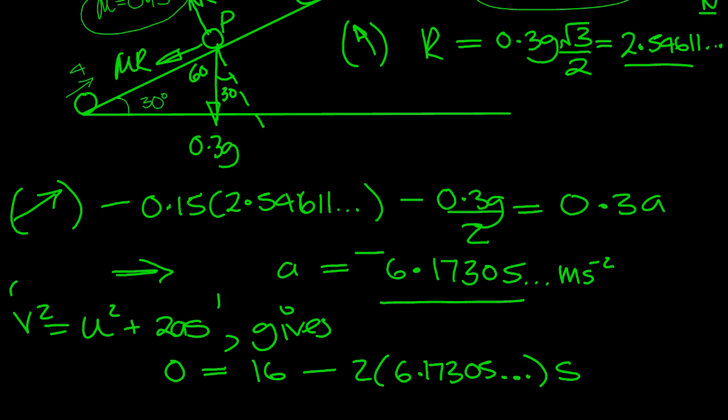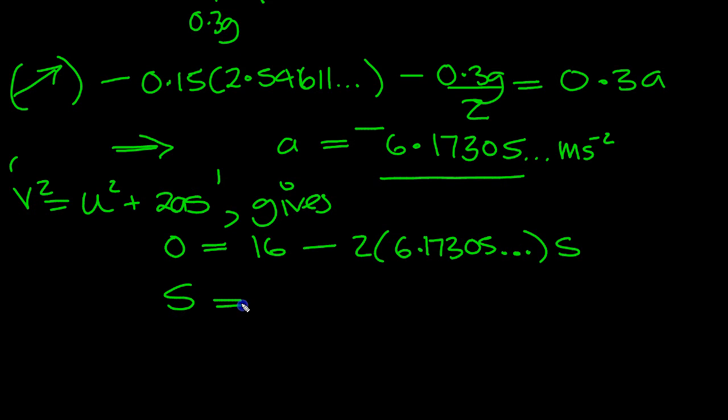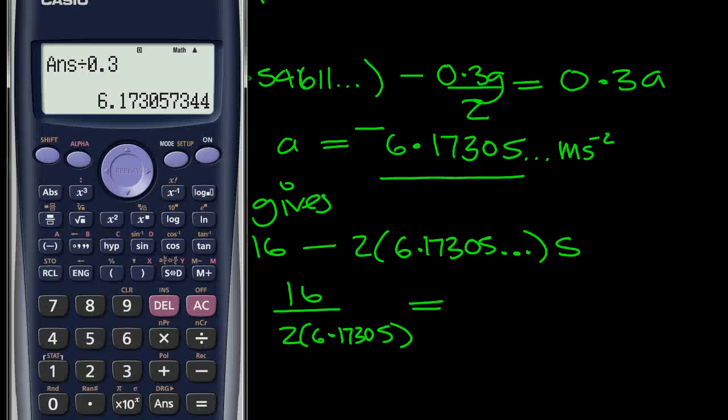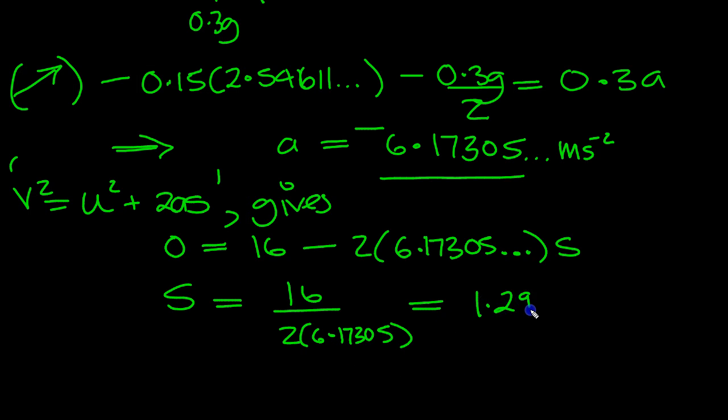times the distance s. So that tells us that s is equal to, then move this over there and we get 16, and then move the number of s's underneath. 2 times 6.17305 is equal to, so times this number by 2, and that's now in the answer. 16 divided by answer then. 1.2959, which equals 1.3 meters, 1.30 meters, and that's the three significant figures.